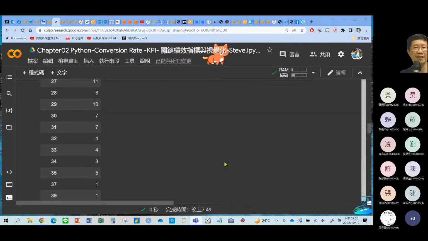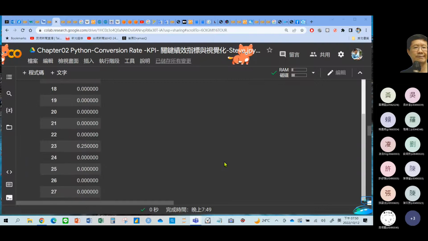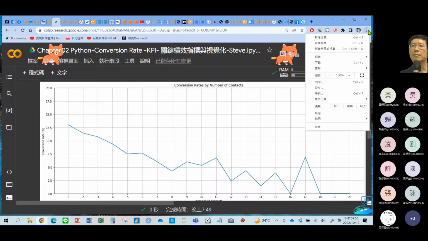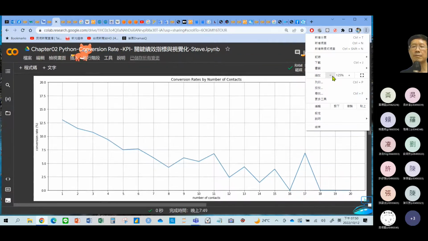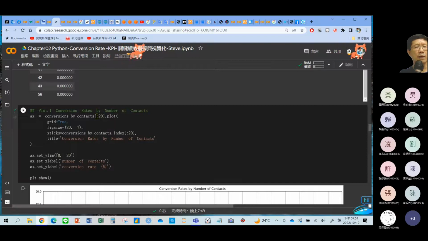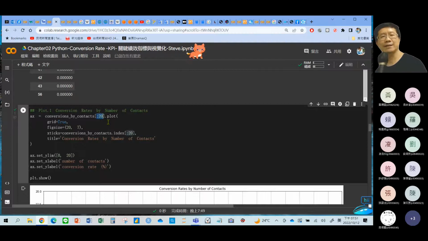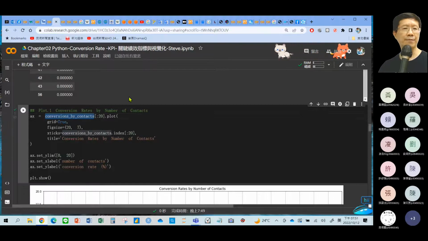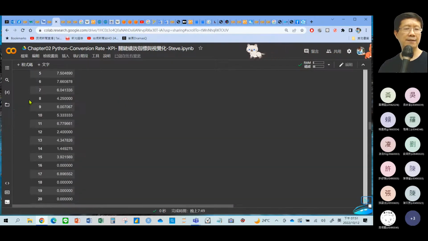And what did you see from this diagram? Okay, I only use the first 20 for our example. So I will just retrieve the conversion rate by contact, this one.